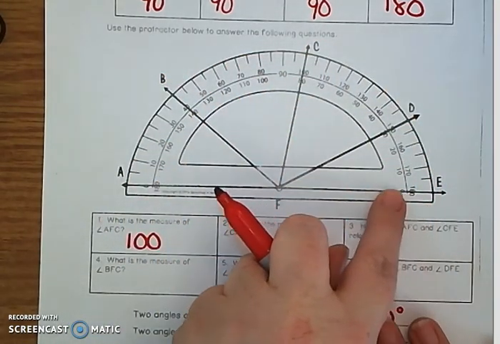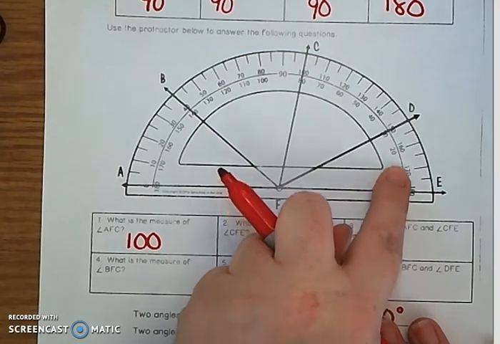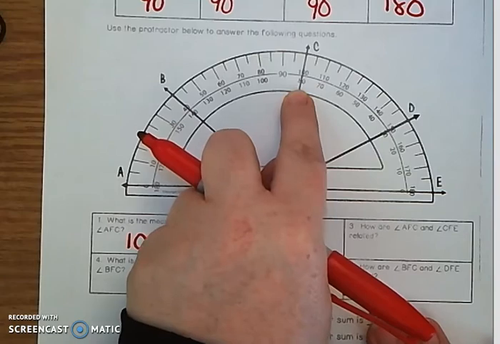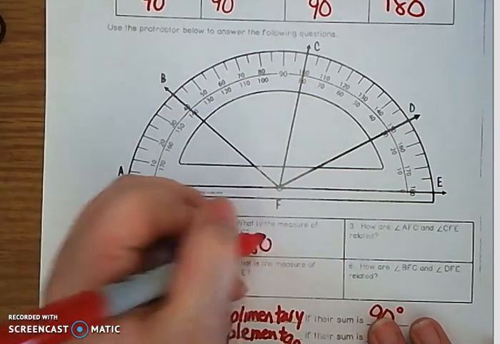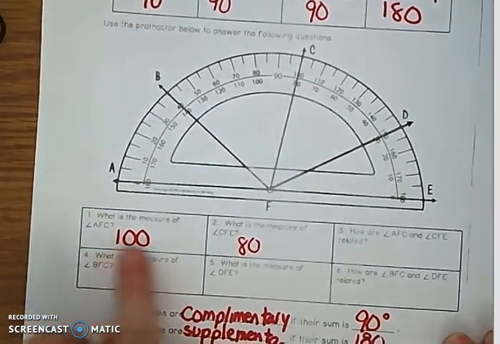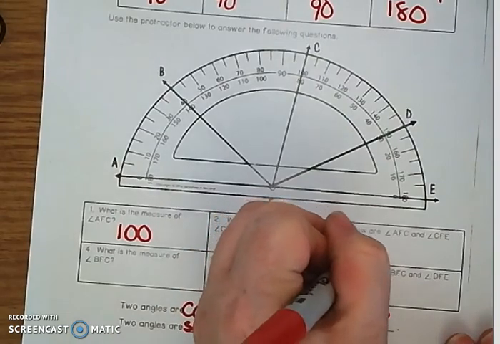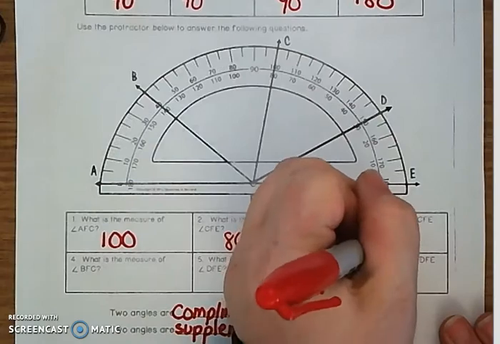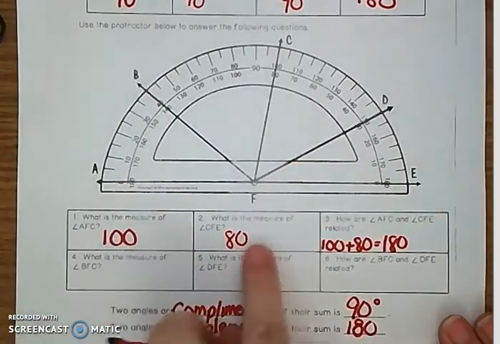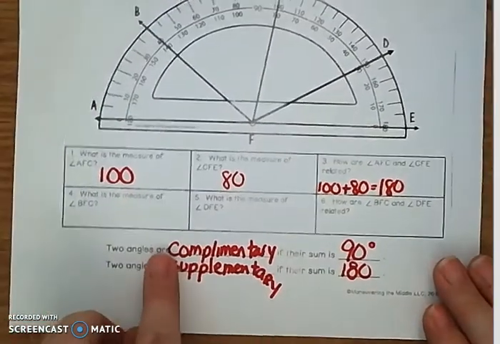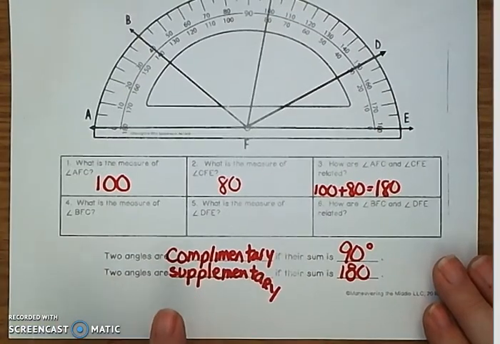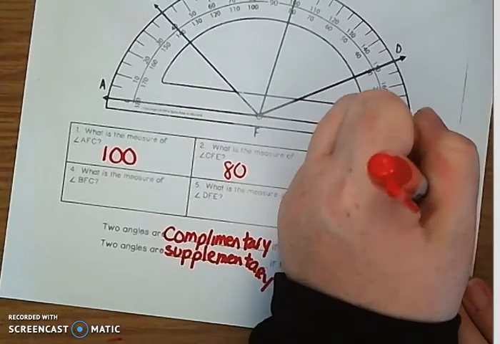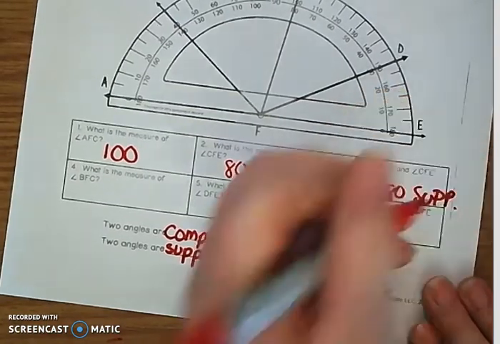I start over here at 0, which is the bottom set, use the bottom set to count up, and CFE is 80 degrees. So if you add 100 plus 80, you get what? 180. So these two angles, are they complementary or supplementary? If you said supplementary, you're right, because they add up to equal 180. I'm going to put SUPP for supplementary.